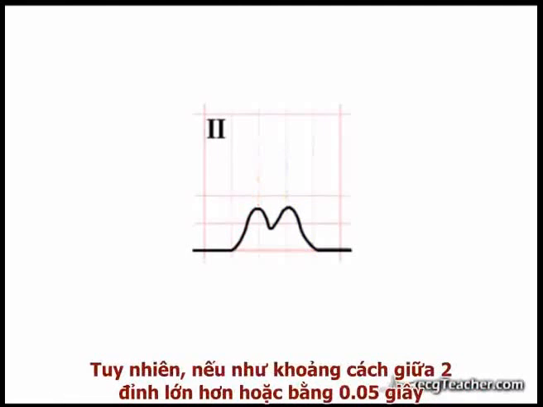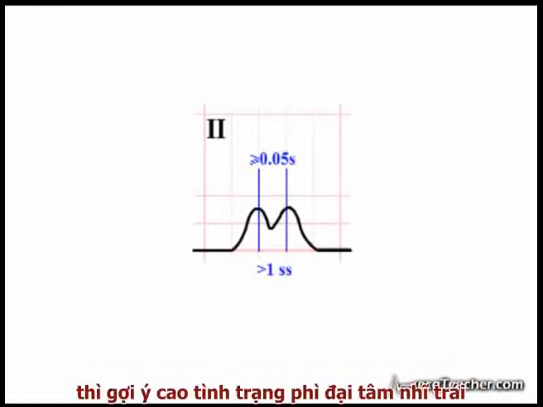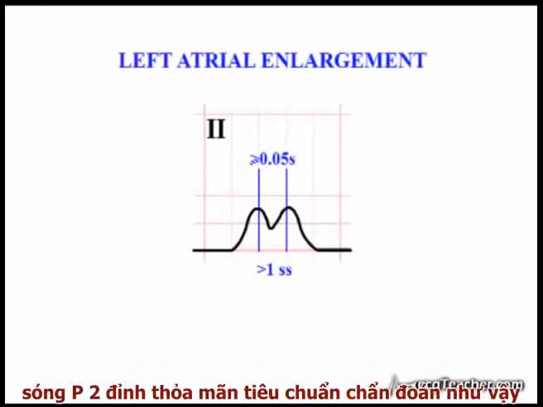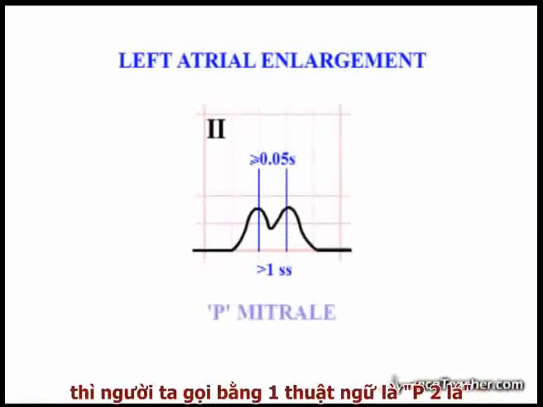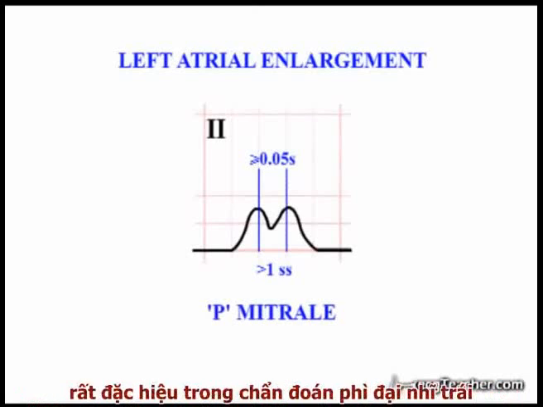However, if the separation between the two peaks is equal to or greater than 0.05 seconds in duration, that is, one small square or more separation between the peaks, this is highly suggestive of left atrial enlargement. A notched P wave with this diagnostic degree of separation between the right and left atrial peaks is referred to as P mitrale. True P mitrale, as defined here, is very specific for left atrial enlargement.